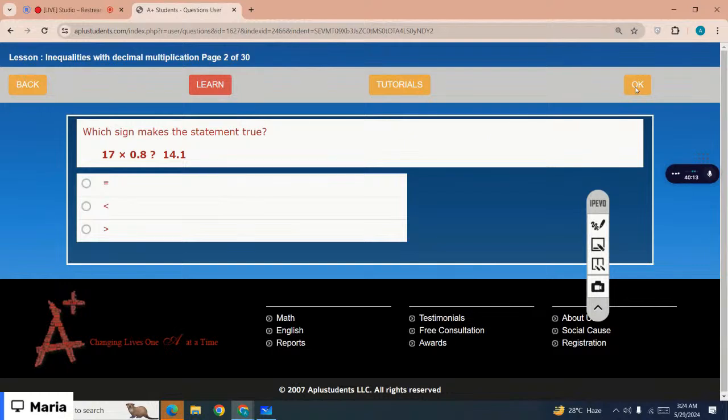Okay, the next one: you have to compare 17 times 0.8 to 14.1. So you have to calculate 17 times 0.8, and that is 13.6. So is it less than 14.1 or greater?